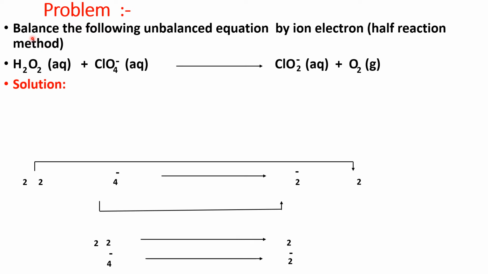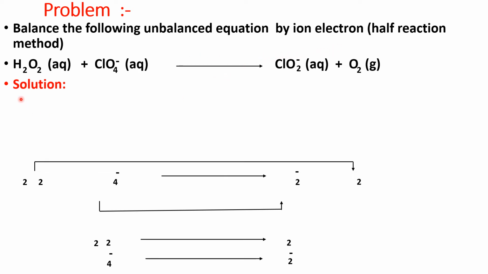The problem is to balance the following unbalanced equation by the ion electron method or half reaction method. The equation is H2O2 reacting with ClO4 minus in aqueous medium, giving ClO2 minus plus O2 gas. You have to balance this unbalanced equation by the half reaction method.